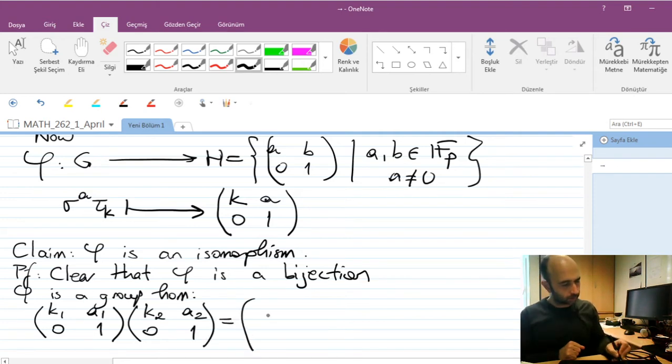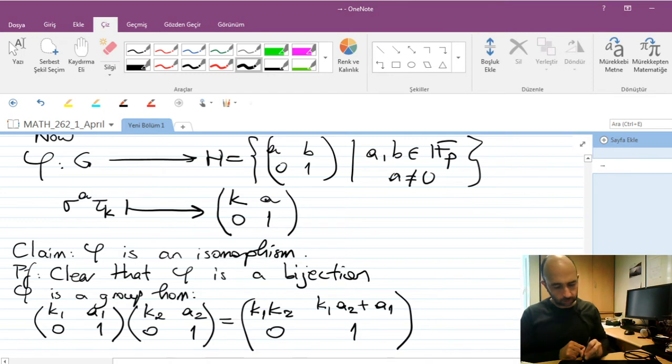This is going to be k1 times k2, and here in this corner we have k1 a2 plus a1.